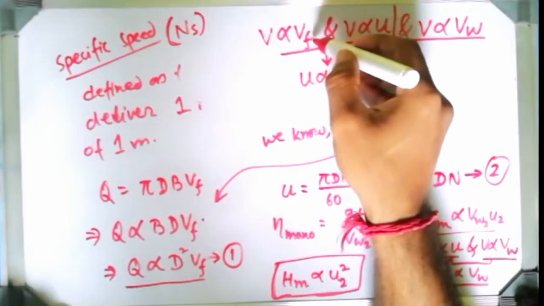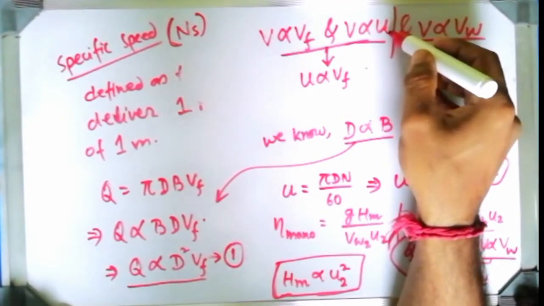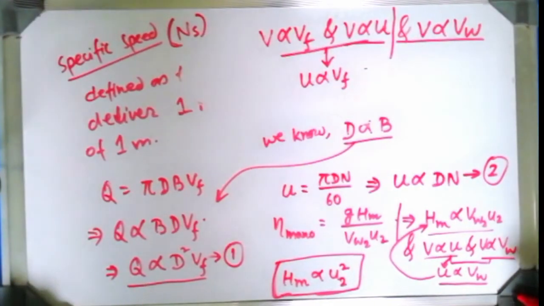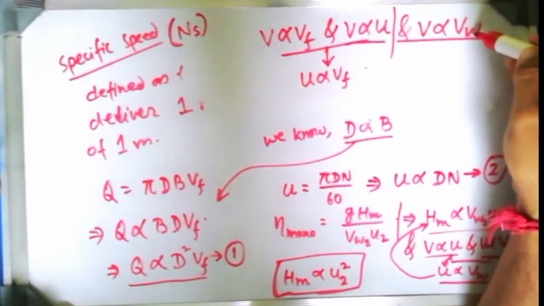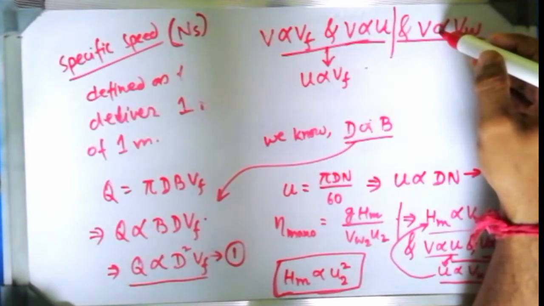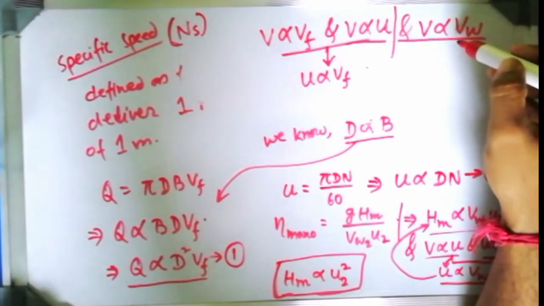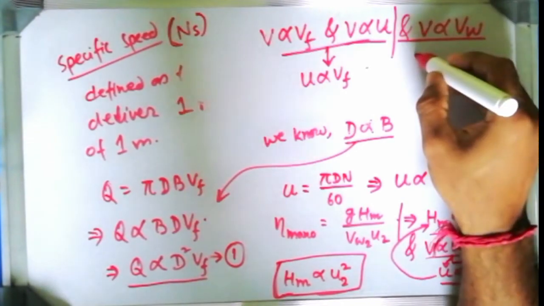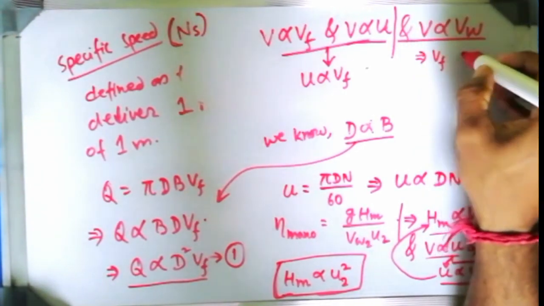If V proportional to Vf and V proportional to U also, then U proportional to Vf will be there obviously. Similarly, if Vw is proportional to V, then in the same fashion I can write Vf proportional to Vw also.